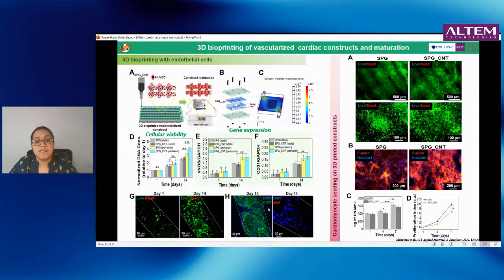And then, once these vascularized channels were developed inside, we seeded them with cardiomyocytes, and these cardiomyocytes were seen to attach along the fibrous structure of the patch, and they were viable.